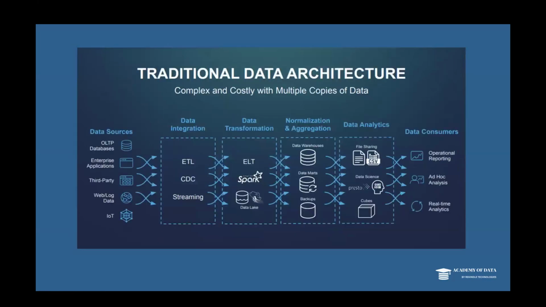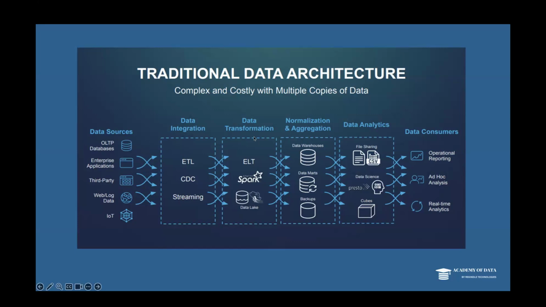Okay. Now, before I get into how to use Snowflake, this is a very traditional data architecture, which any of you who are involved in the data world might have already seen. So you have your data integration tools like Informatica, Talend, and let's say Fivetran, Matillion.